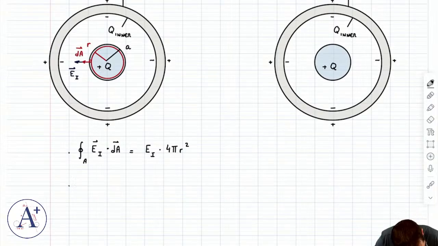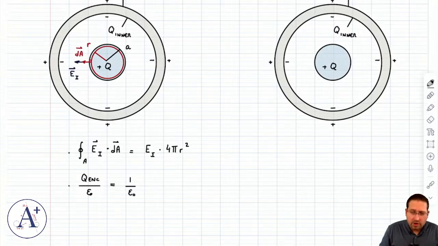What about Q enclosed over epsilon naught? Now that one's a little trickier, so I'm going to write 1 over epsilon naught so that I don't forget it. But then, how much charge is enclosed? I have Q total in the insulating sphere, but I don't grab all of Q. I grab a fraction of Q inside my Gaussian sphere.